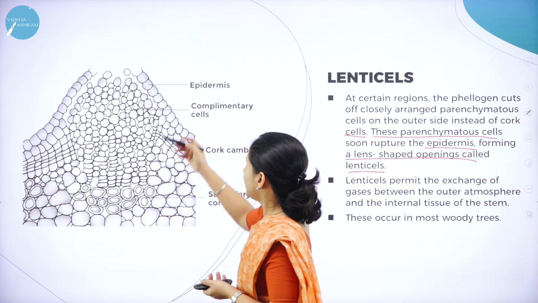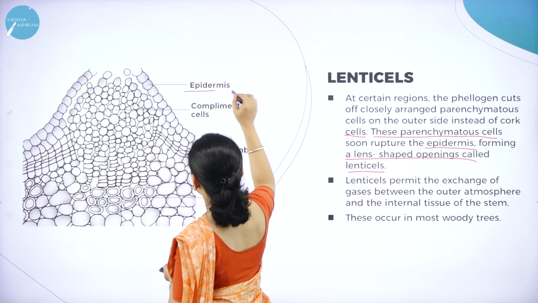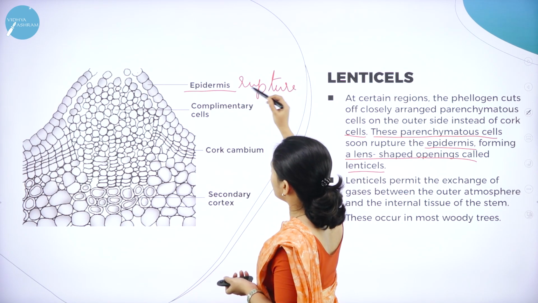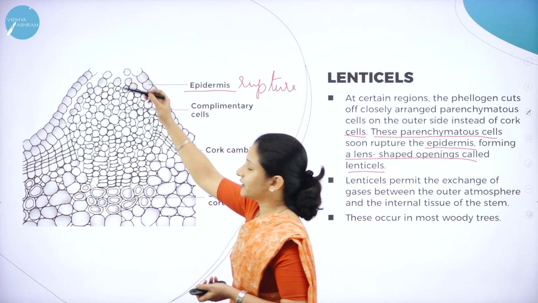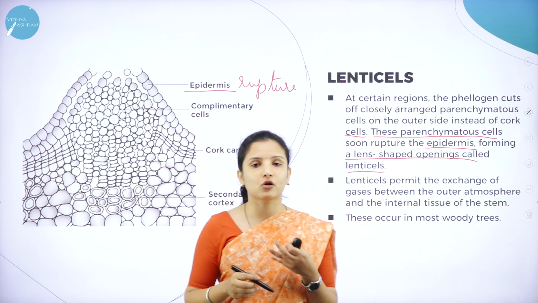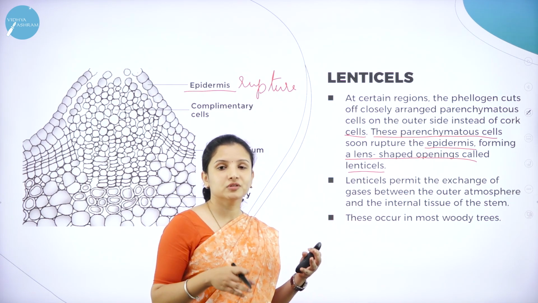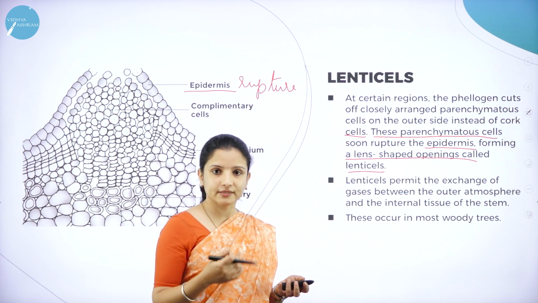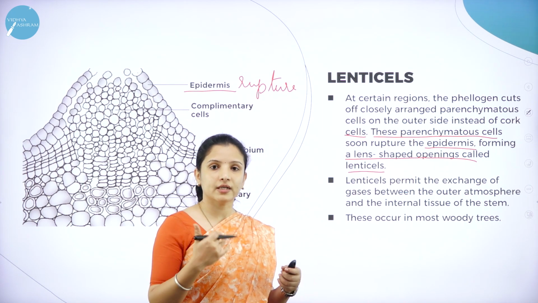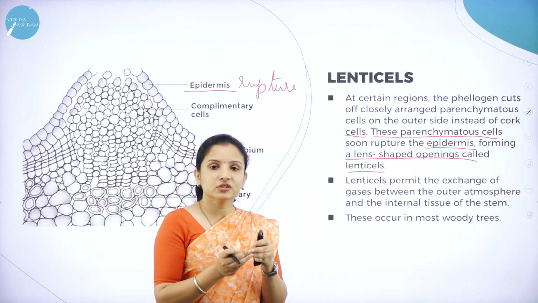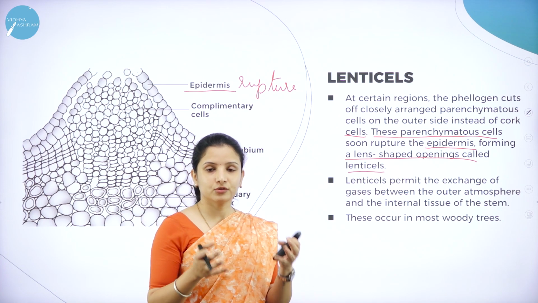So these are the lenticels, that is, the epidermis region will rupture. Once the epidermal region ruptures, lens-shaped cells are formed there. Therefore they are called the lenticels. So what happened? The cork cambium produced the secondary cortex. As the secondary cortex develops, because of the pressure being created, there is no space for the cells to accumulate.